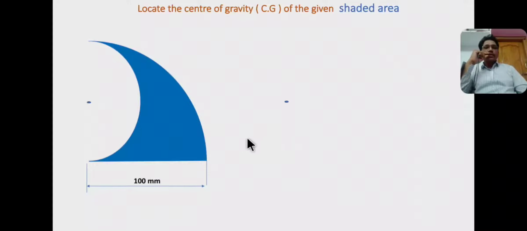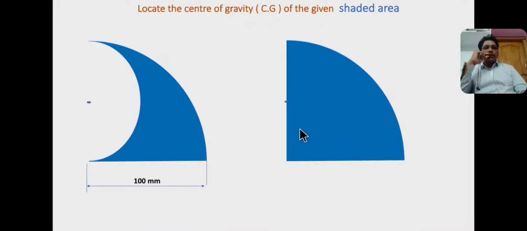First of all, the given figure is split up into two sections. I consider the first one as a quarter circle, having dimensions base equal to radius equal to 100 mm and height equal to radius equal to 100 mm.